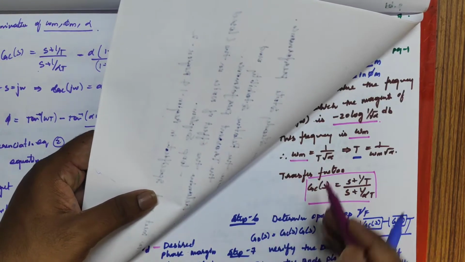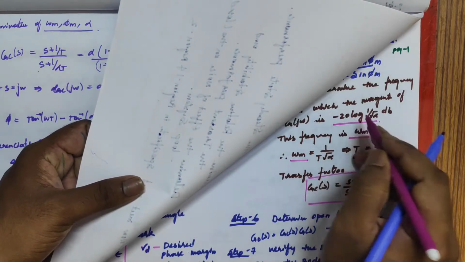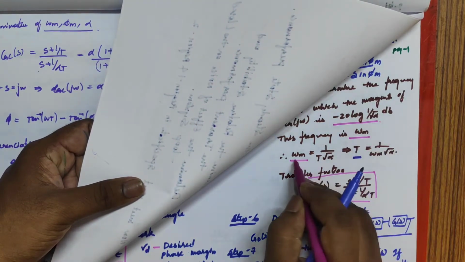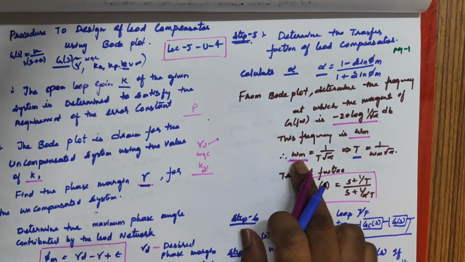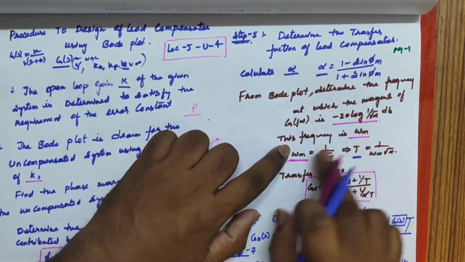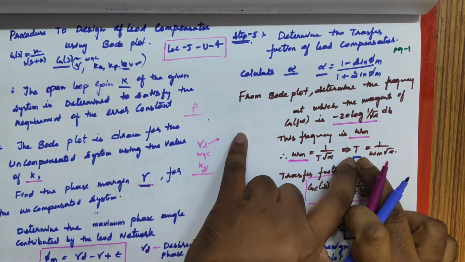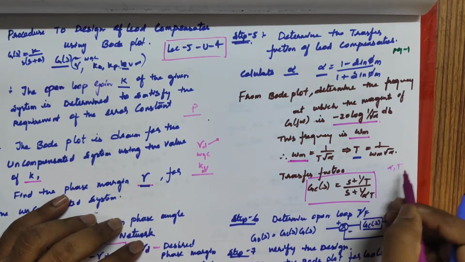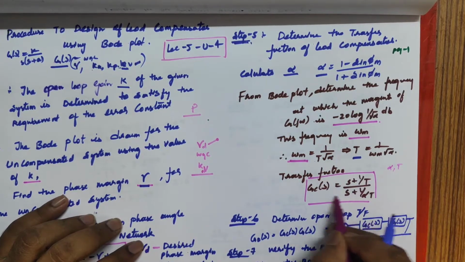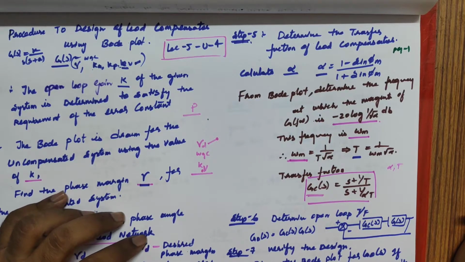At what frequency will this magnitude be obtained for the main system? We'll get this frequency. After getting this omega m value, we substitute it, and since we know the alpha value, we'll find the T value. After getting the T value, we have the alpha value and T value. If we substitute both of these, I'll get the lead compensator design. That's it. As simple as this.